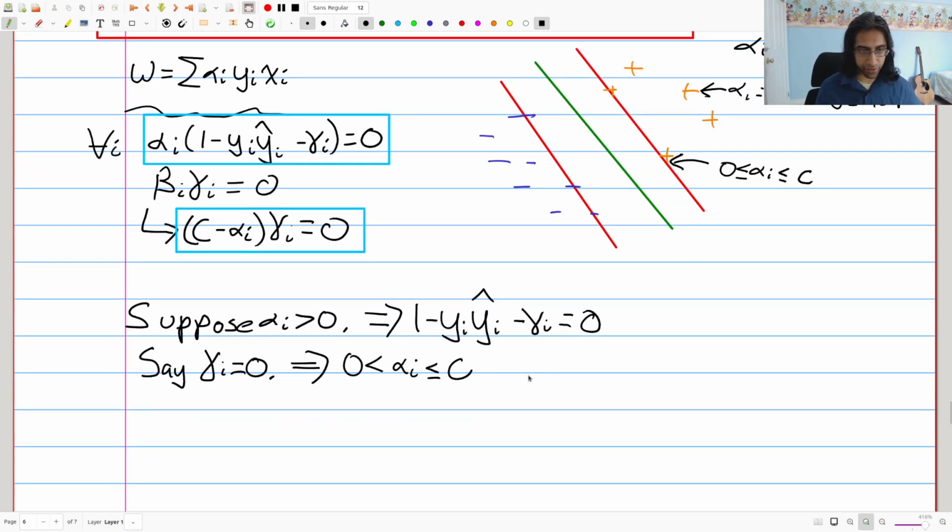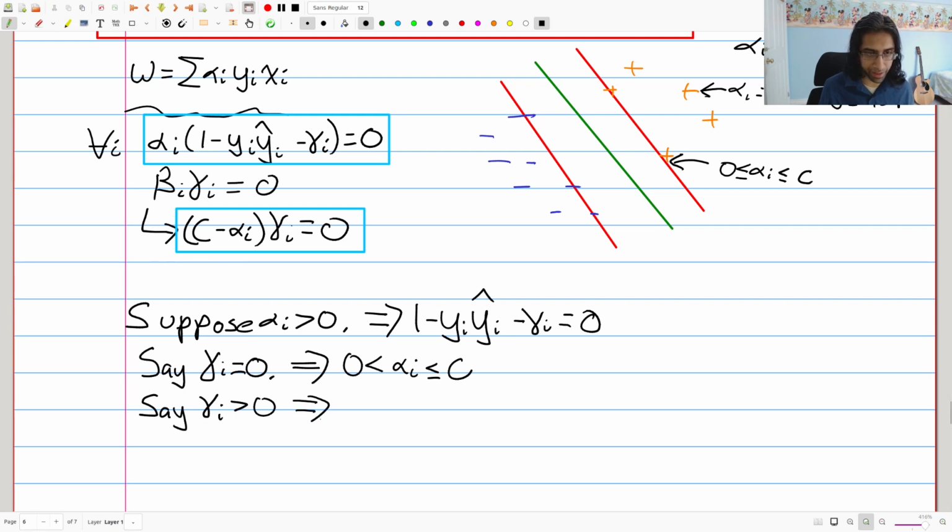Okay, and for the other case, say gamma i is greater than 0. Remember, these are non-negative variables, so it's either equal to 0 or greater than 0. In the case where it's greater than 0, then by this other condition, we have that C minus alpha i has to be 0.